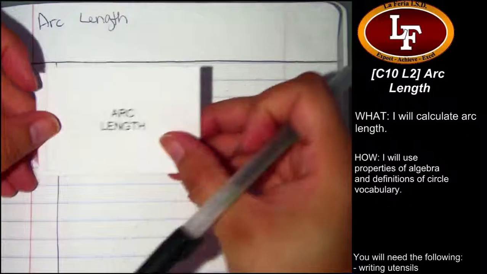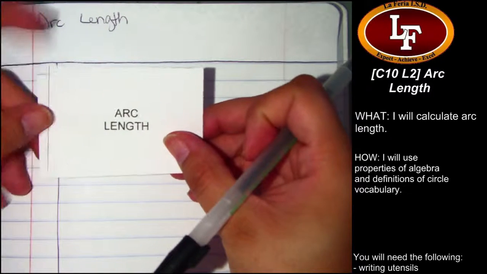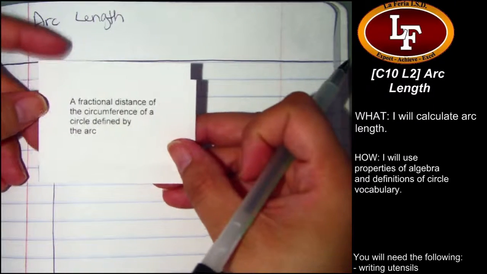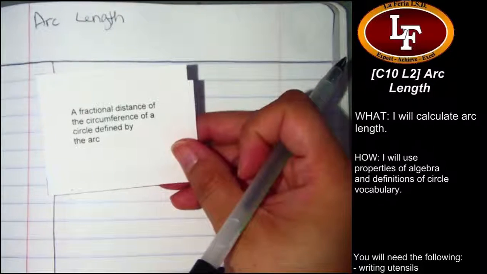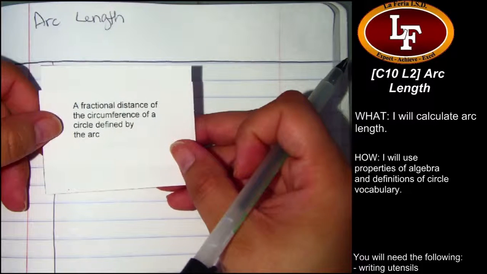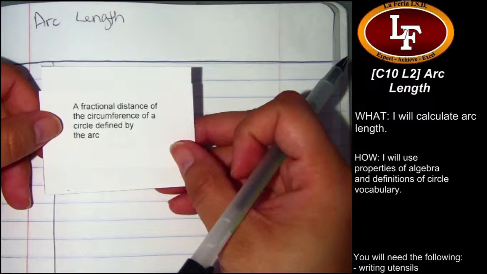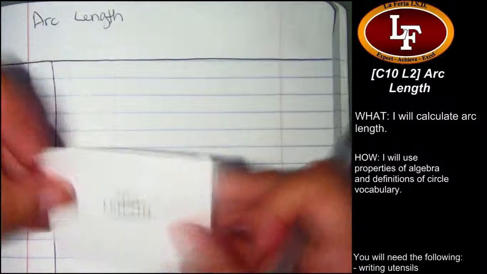So we're going to take a moment to remind ourselves of the definition of arc length. The arc length definition, according to our cue cards that you were working on over the weekend, is that it is the fractional distance of the circumference of a circle defined by the arc.